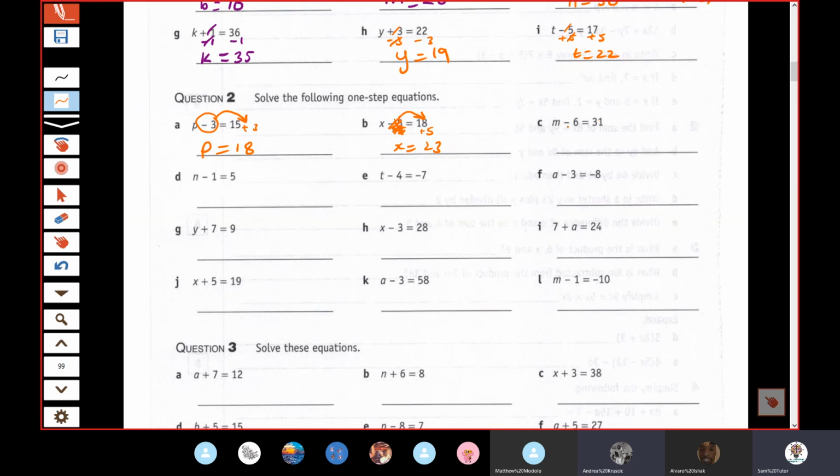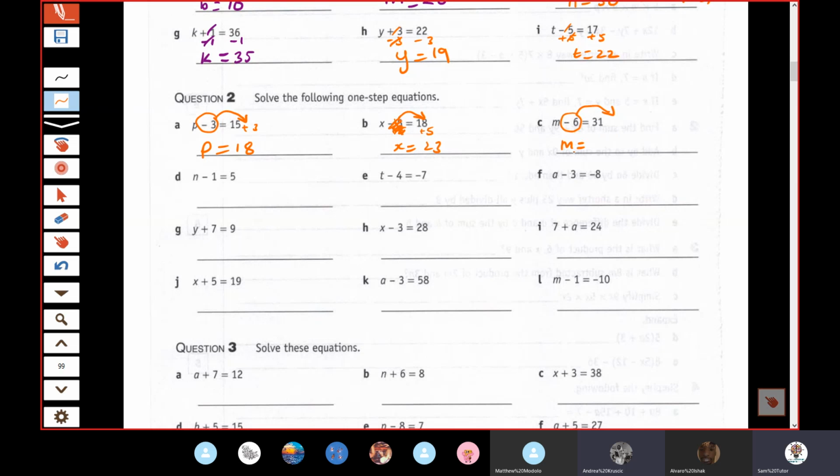Looks good. Chloe, next one. M equals... Wait, Sam, isn't it 22? 18 plus 5. Nope, 23. Oh, never mind.